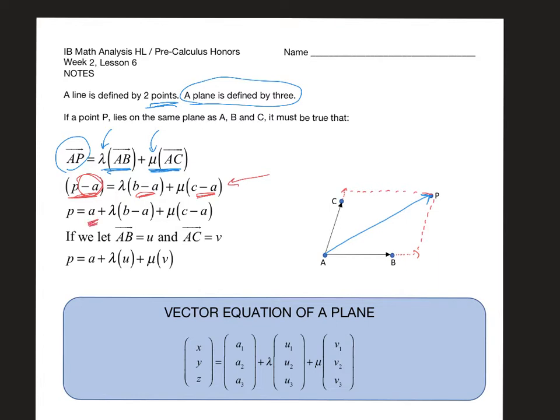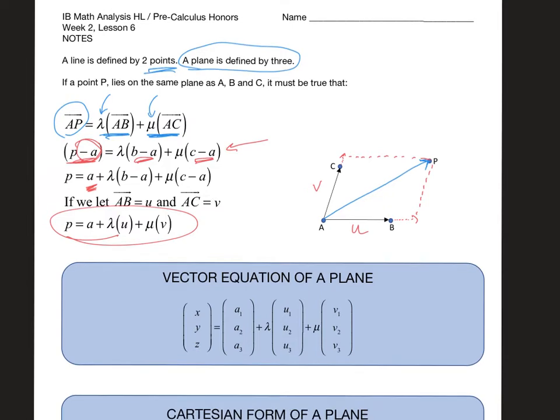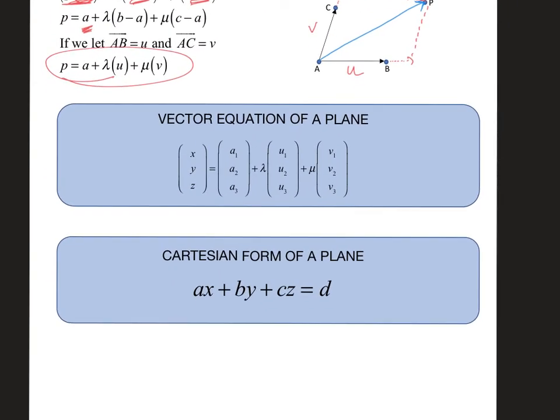And then to clean this up and make it not quite so involved, they said, well, let's just rename vector AB as vector U, and we'll rename vector AC as V. So substituting those back in, you get this, which, if you look in the blue box down below, is what you're seeing here.